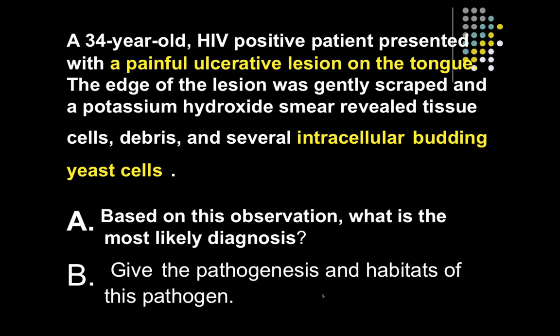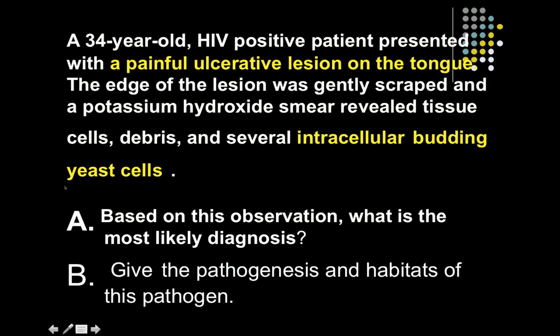Now this is the type of SCQ which you see in your exam. You can see an HIV positive patient, which means that the patient has AIDS, and there is a painful ulcerative lesion on the tongue, and microscopic examination reveals intracellular budding yeast cells. The only intracellular budding yeast cell is what?